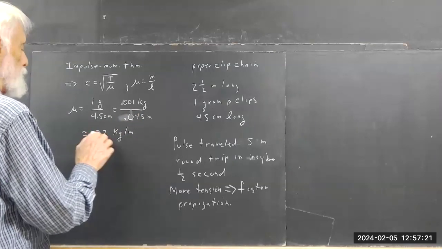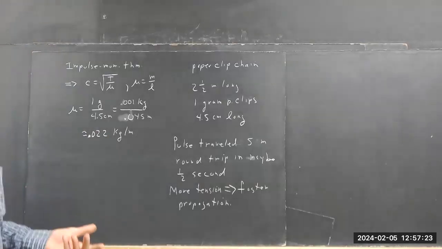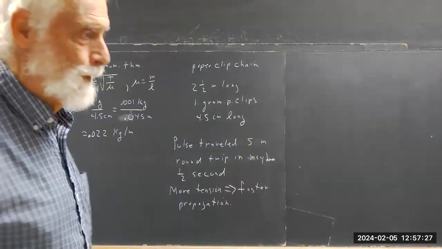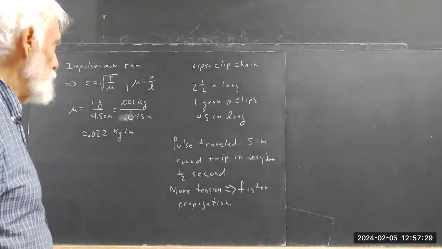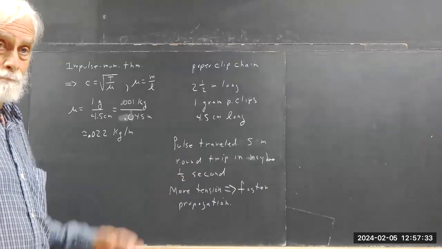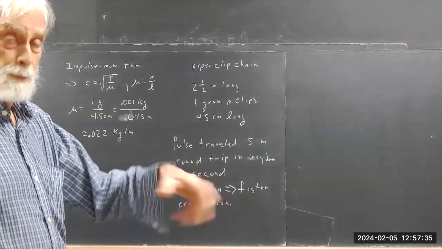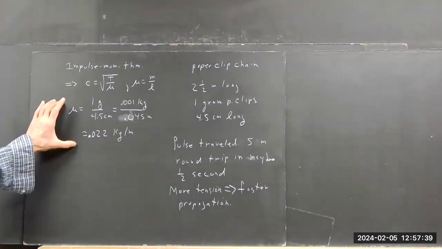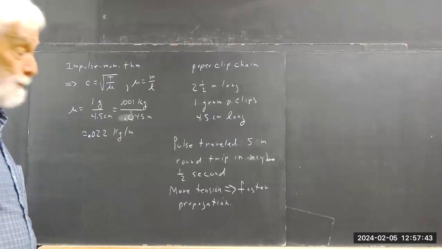A meter of that does not have a mass of 0.2 of a kilogram. It's pretty light. A meter of it would be 22 paper clips, and 22 paper clips would be 22 grams, which is 0.022 kilograms. So we're getting the idea of the mass per unit length.